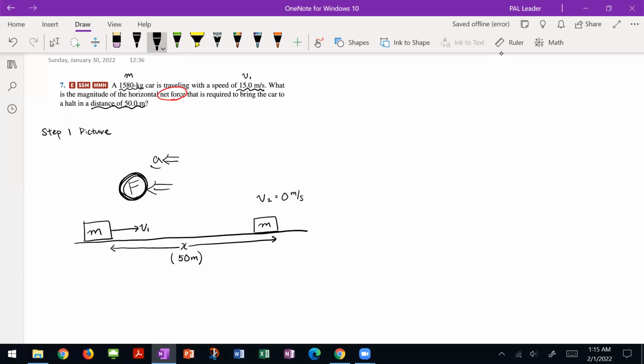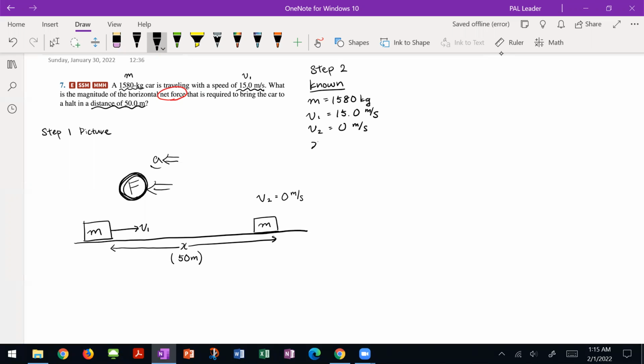Okay, so I'm going to organize what we know. We know mass. We know V1. We know that V2 is 0.